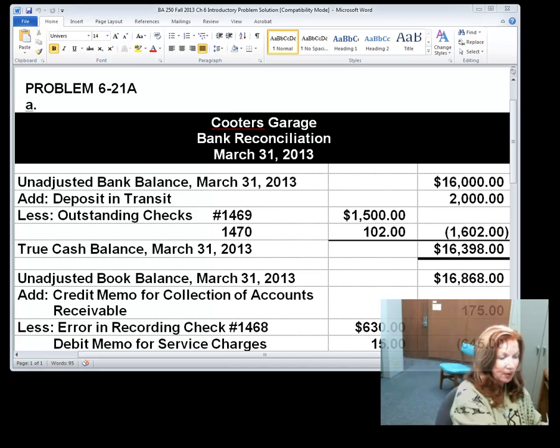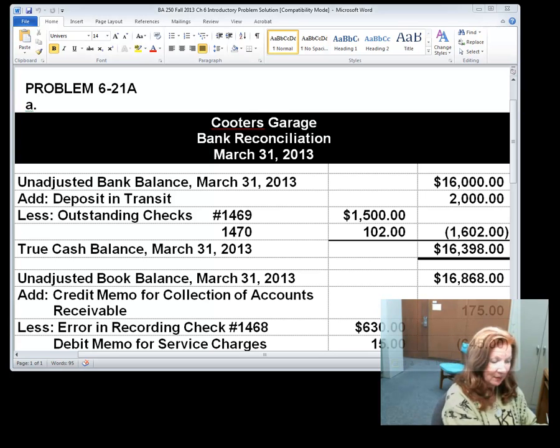So then as we look at this information, we see that check number 1462 was outstanding from February, so we'll have to look for that. A credit memo for collection of an accounts receivable was included in the bank statement. All checks were paid in the correct amount. The bank statement included a debit memorandum for a service charge.